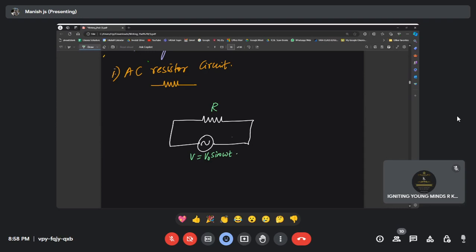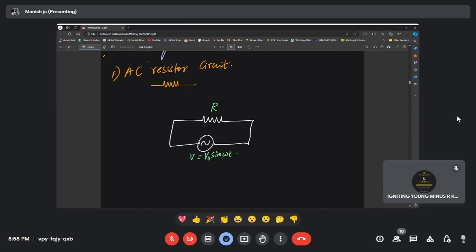Now, having understood the components of the basic AC resistor circuit, we are going to write down the expressions for the current and voltage. Because it's just one loop, from the current electricity chapter you would have learned how to apply Kirchhoff's loop law. It tells you that the potential difference inside a closed loop is equal to zero.